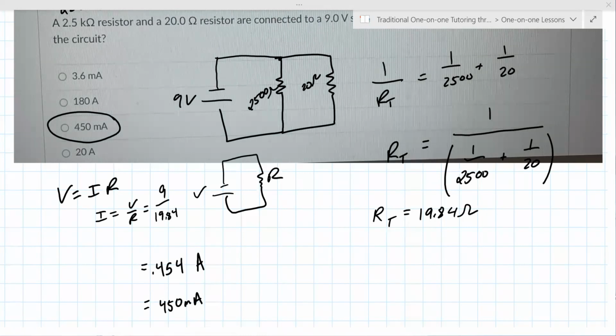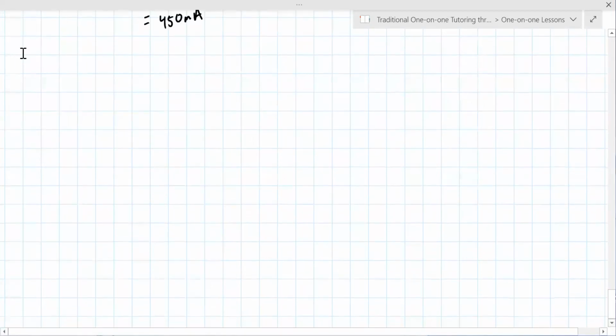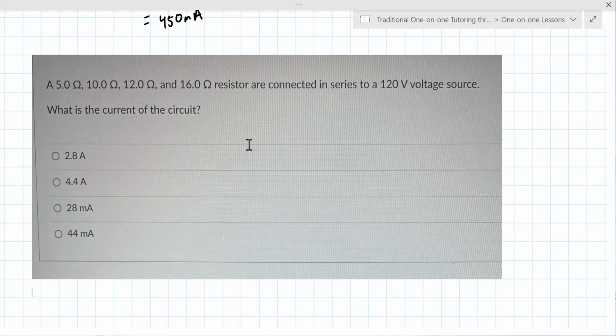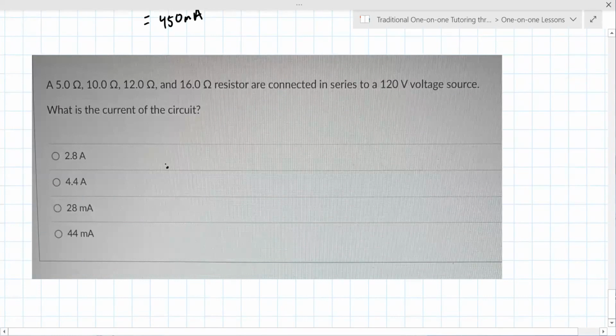Okay, so I think we got another question 1 here. Have we done this one yet? No, I don't think so. Okay, so they're connected in series, so that's nice.